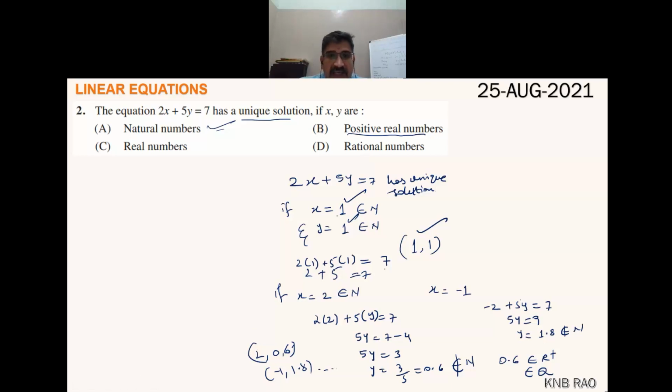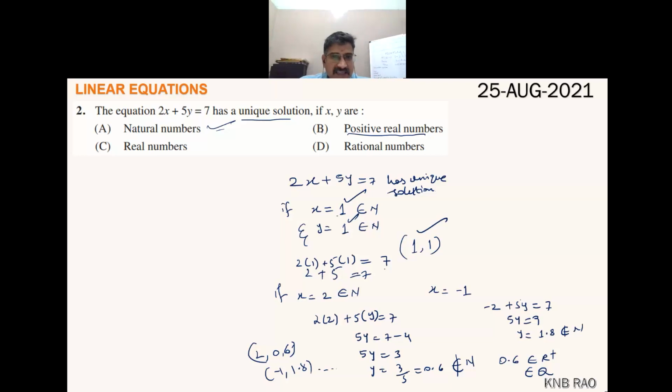When I consider x and y as positive real numbers, I'll get infinitely many solutions. If I take x and y as different real numbers, I'll get different solutions. I'll get infinitely many solutions in options B, C, and D when x and y are taken as different numbers.